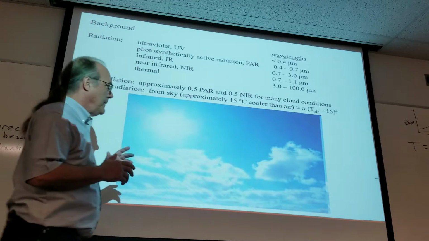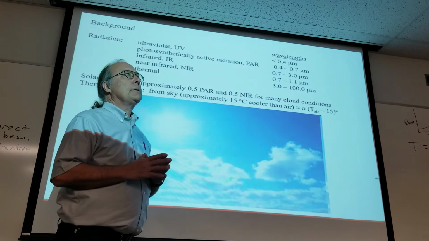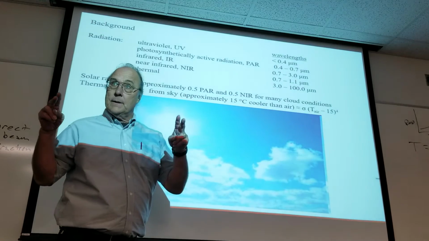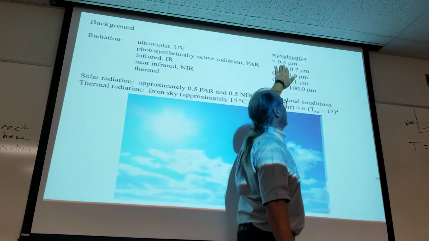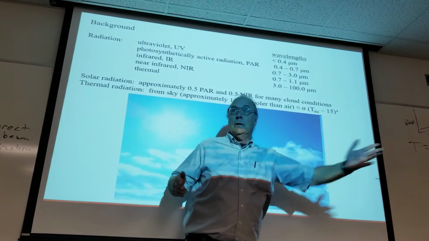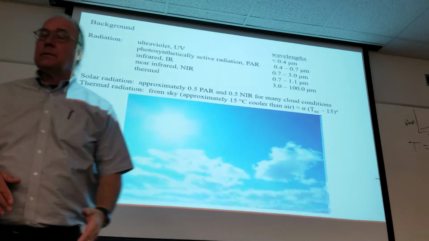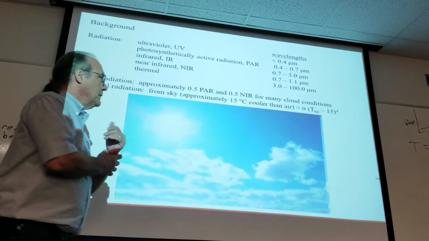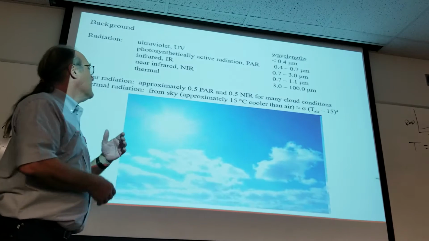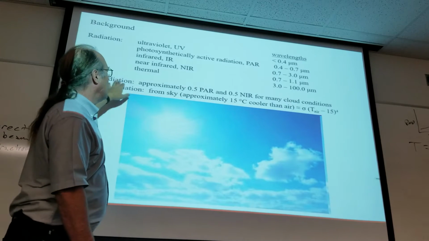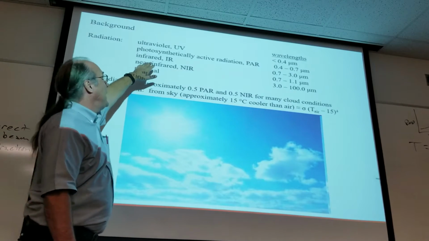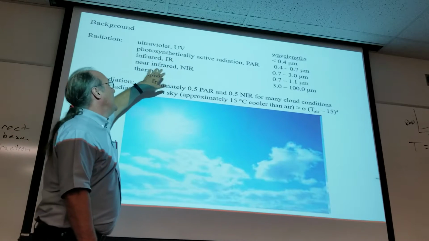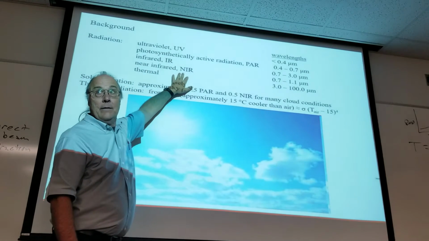Okay. And the so-called optical properties of the leaves vary throughout this range of wavelengths. So how they interact with the leaf depends on what wavelength. Solar radiation typically is about half PAR and half near infrared.